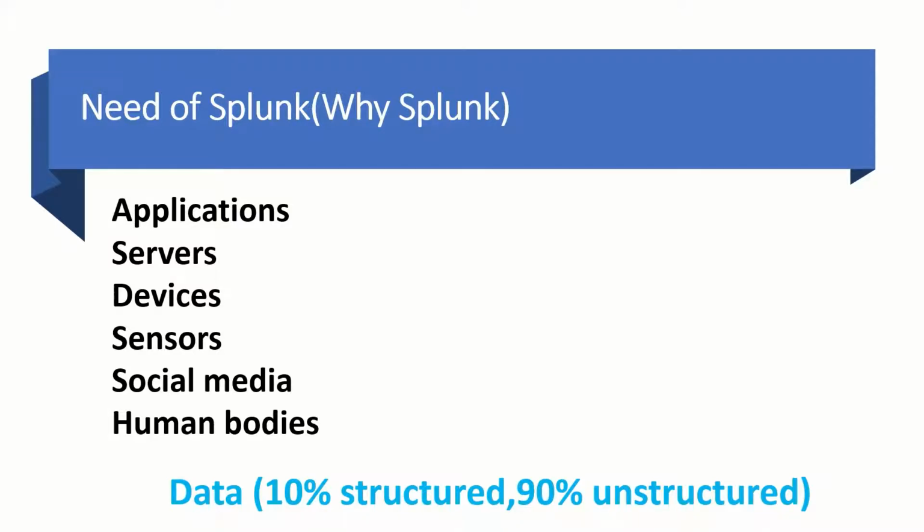Let's take an example. Suppose we have multiple application servers that support a particular application. In a production scenario, an issue has come up on the application side, and an engineer is investigating the issue.